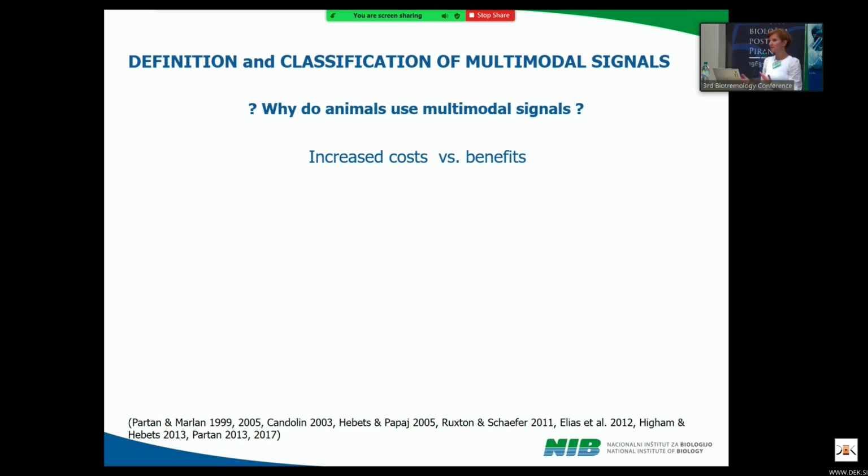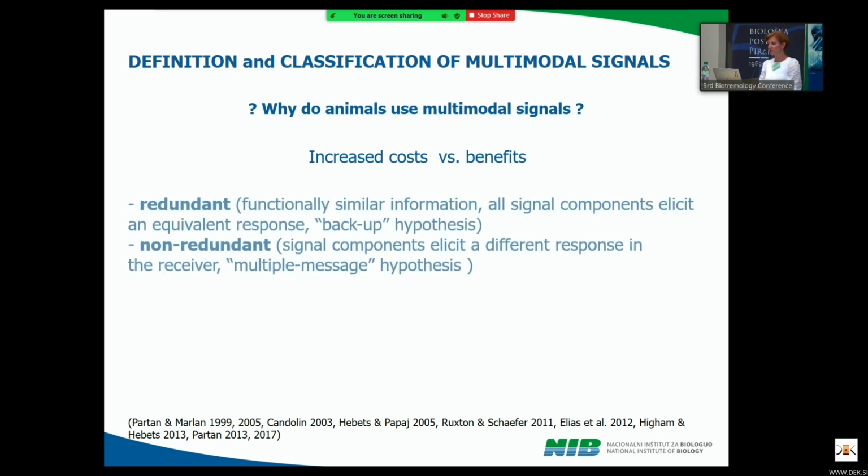Presumably adding modalities of communication would increase the metabolic costs and the parasitism or predatory risk, but still multimodal signals were shown to be very beneficial in different environments, and the classical framework of multimodal signals divides them into redundant and non-redundant signals, depending on whether they carry the same or different information, or whether they provoke the same or a different response in the receiver as well.